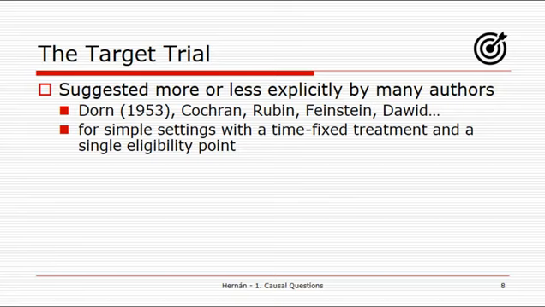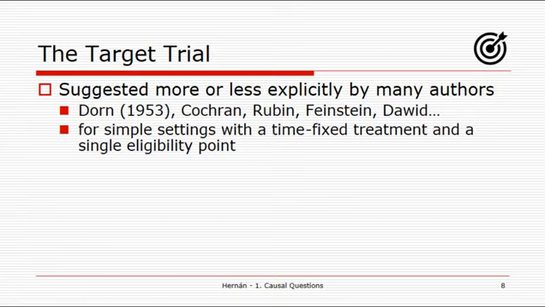Again, not with that name, but a very similar concept. Don Rubin, who was Cochran's graduate student, was doing that also in the 1970s. Al Feinstein at Yale, who was a clinical epidemiologist, was also talking about that, and Phil David in England, etc.